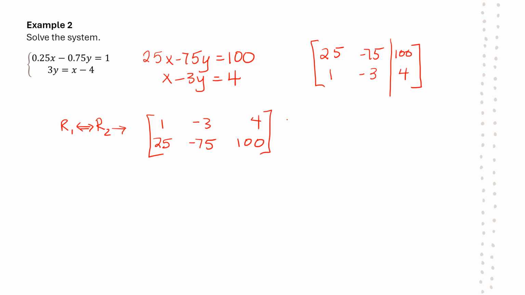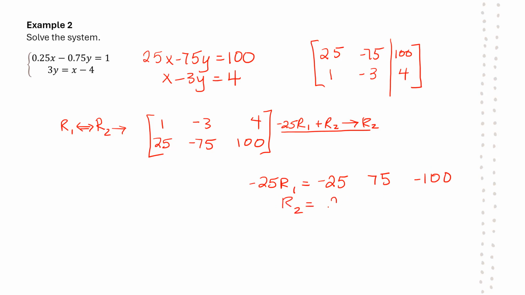And so if we wanted to get rid of that 25, which we would want to, we would do that by multiplying the first row by negative 25, so negative 25 R1, and then add that to the second row and replace the second row with whatever we get. Negative 25 times R1 is going to be negative 25, 75, and negative 100, and then R2 is 25, negative 75, 100, and so you can see if we do this, we're going to get all zeros.